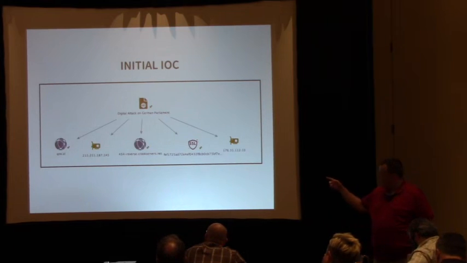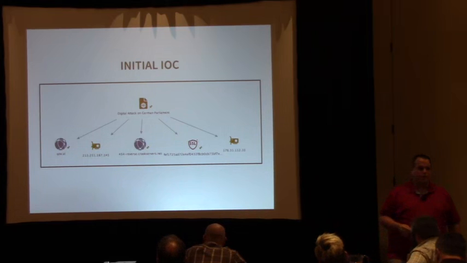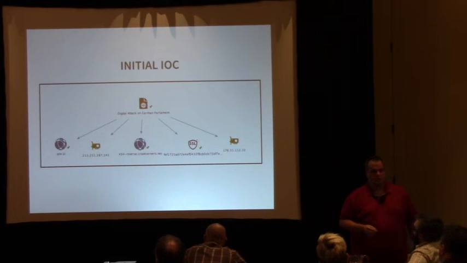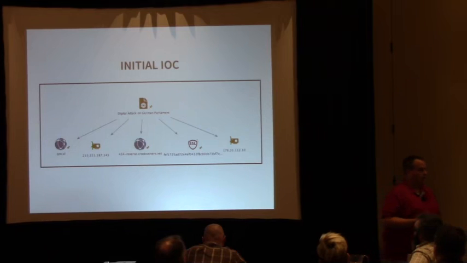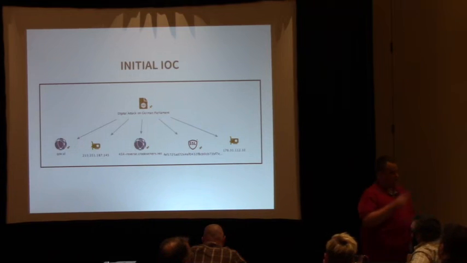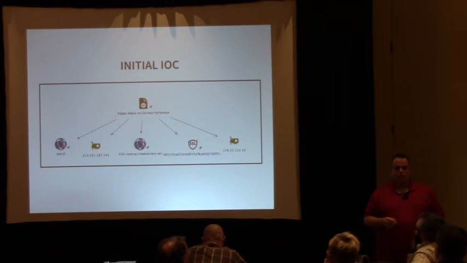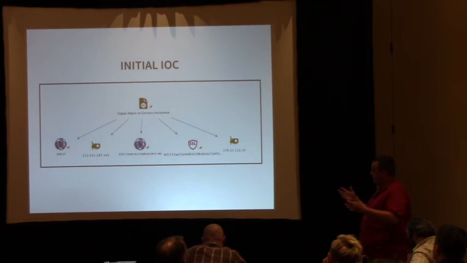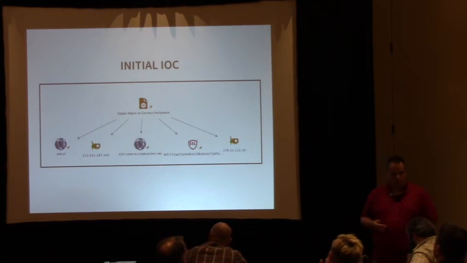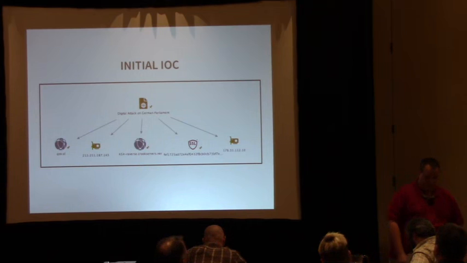For the first one, QOV.al. Does anyone know what that actually is? It's a doppelganger of the Albanian government. It's not GOV, it's QOV. This is a supposed Russian organization or nation-state group. They probably want to try to do some things with the Albanian government.